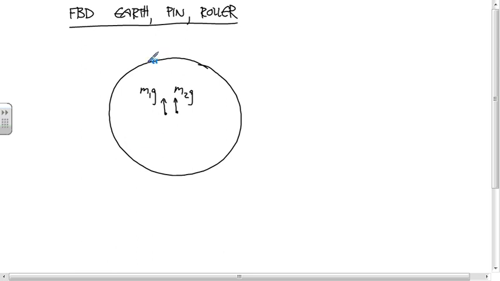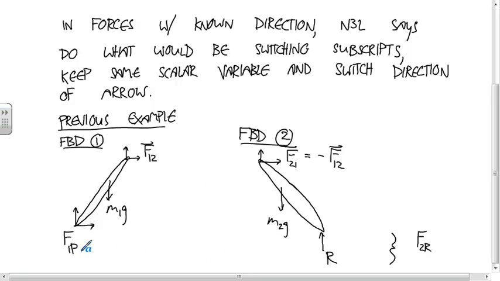But now let's think about the forces produced by contact with the structure. Okay, so over on the left side, there's a force vector on the pin by member 1. And we've already labeled a variable, and I should have given this a vector symbol. We've already labeled a variable, a vector variable, F1p.